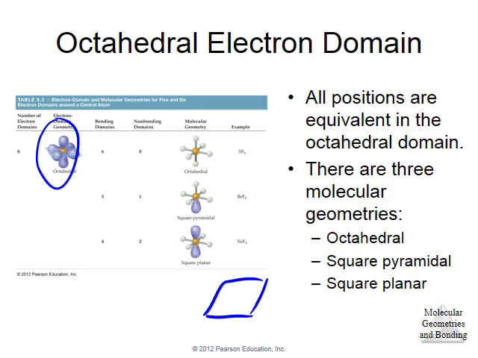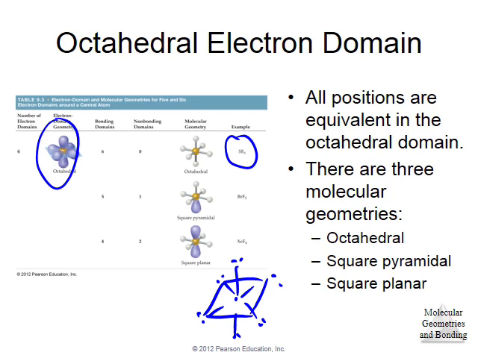You have a central atom here. 1, 2, 3, 4, 5, 6. So these all have electron pairs, and that makes it octahedral, and angles are all 90 degrees. So that's octahedral. When all of them are bonded, like in SF6, molecular shape would be the same as electron domain shape, or octahedral.